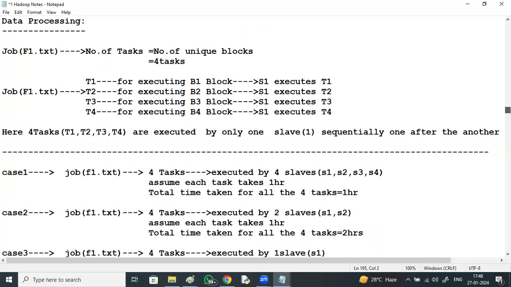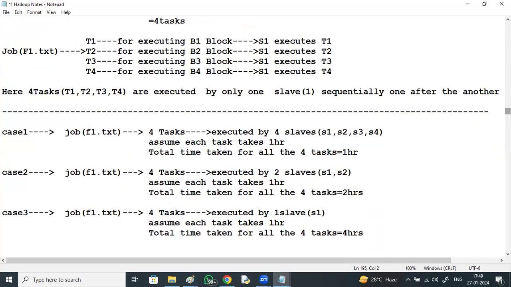I clearly mentioned all these cases: case 1, case 2, case 3. In case 1, 4 tasks are executed by 4 slaves. Assume each task takes 1 hour; the total time for all 4 tasks is 1 hour only. Case 2, 4 tasks executed by 2 slaves only: the total time is 2 hours.